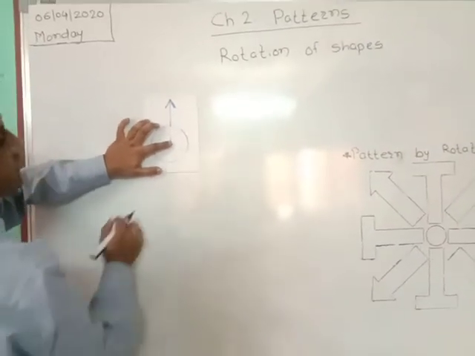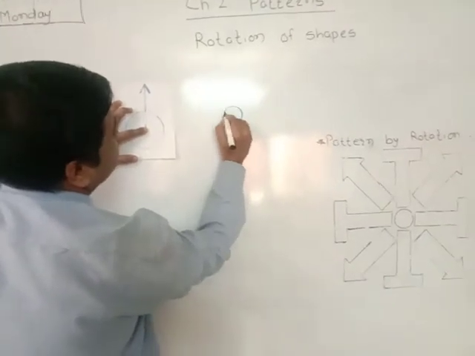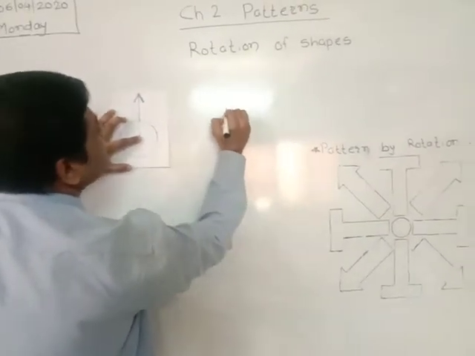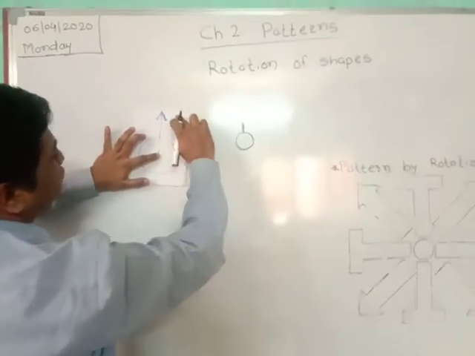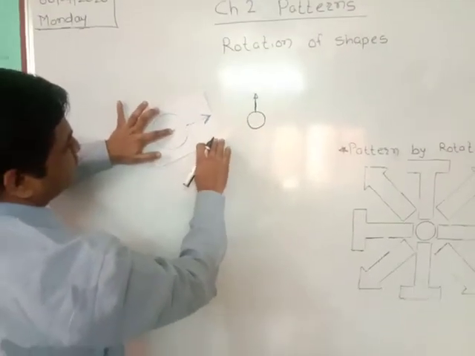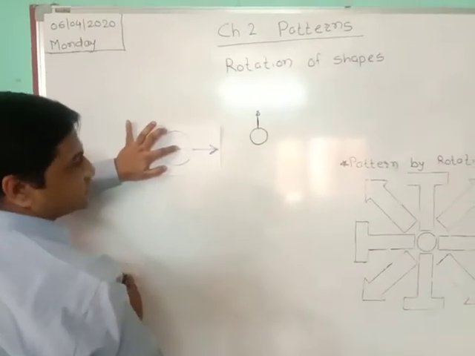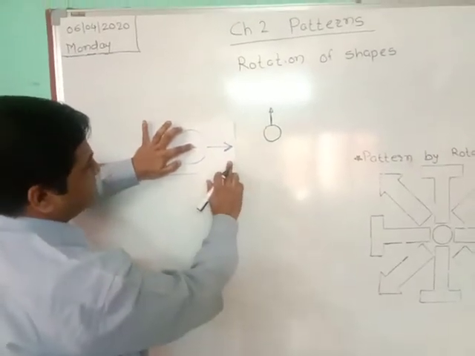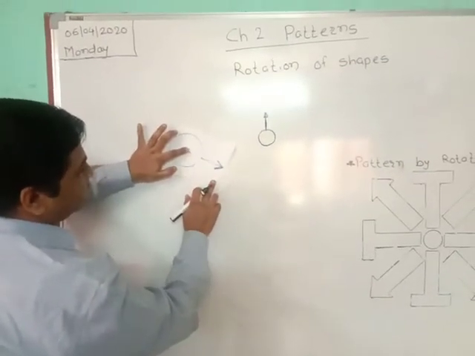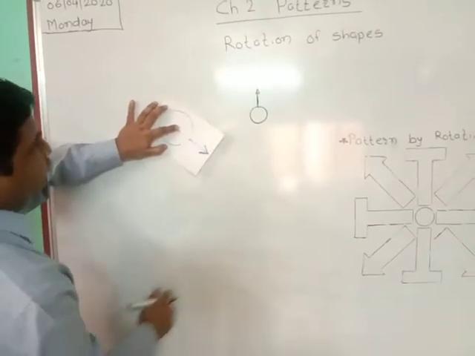Taking the center of the circle as the center of rotation, the first position will be this, with the arrow pointing to the 12. Now we are going to turn it through a third of a rotation, or 120 degrees. Is this a 120 degree rotation? No, it's a quarter of a rotation, or 90 degrees. So we need to go further. And now at 4 o'clock, this will be the required position.